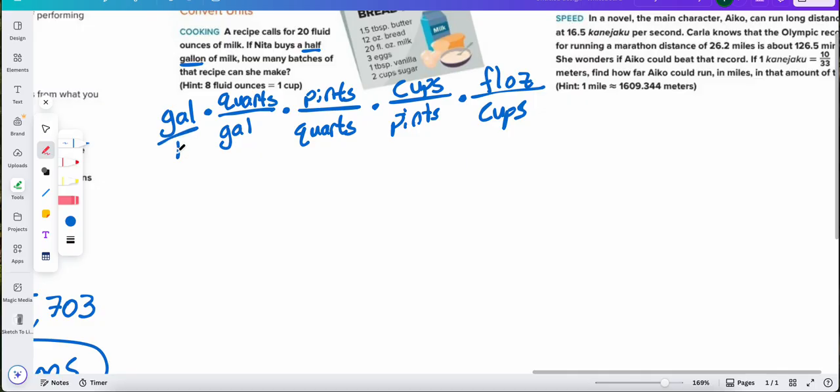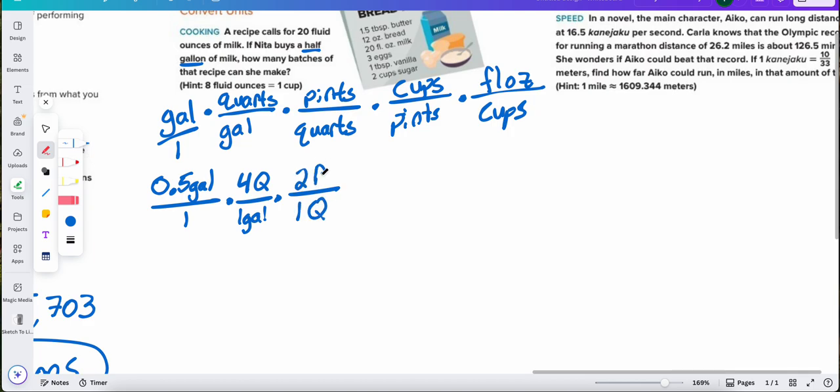Okay. So for our gallons, we know that we have 0.5 gallons of milk over 1 times. There are 4 quarts, which I'll just put Q, in 1 gallon. In 1 quart, there are 2 pints. In 1 pint, there are 2 cups. And then in 1 cup, there's 8 fluid ounces.